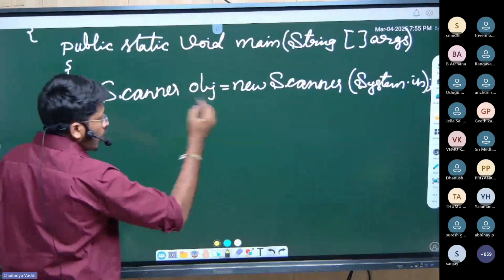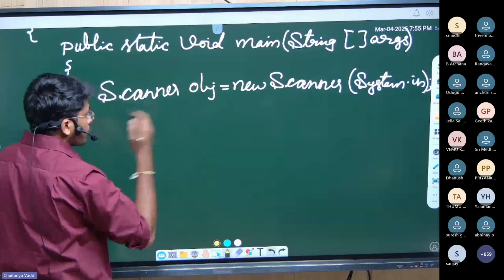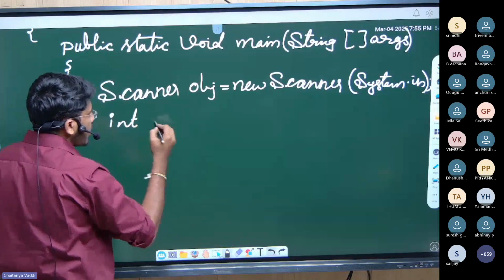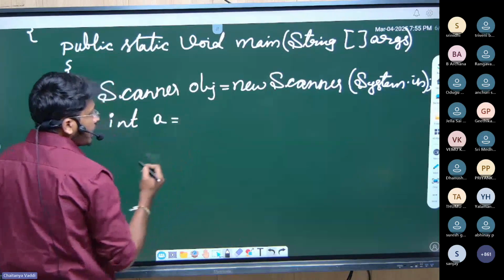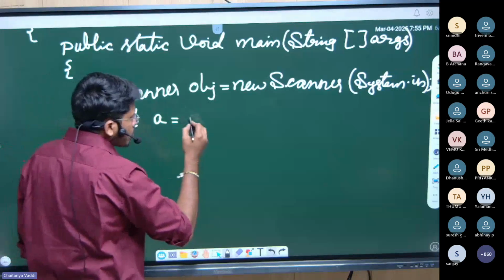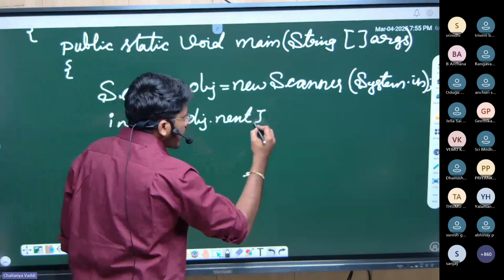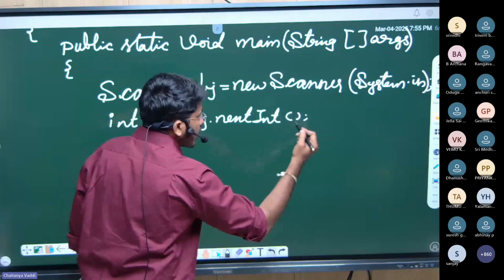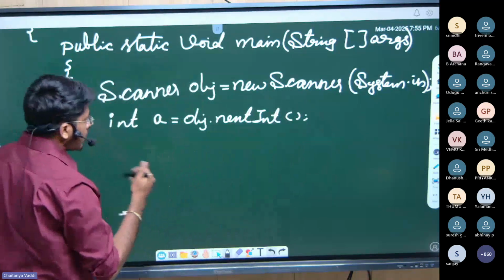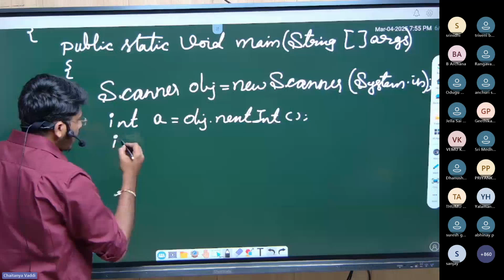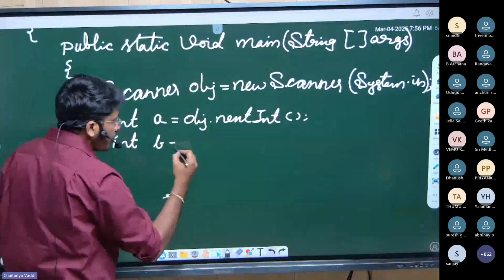Now through this object, I am taking numbers from the user by declaring a variable int a, and through this object I am calling the nextInt method. I am taking input from the user, right? So a, and then I will store the second value in b.